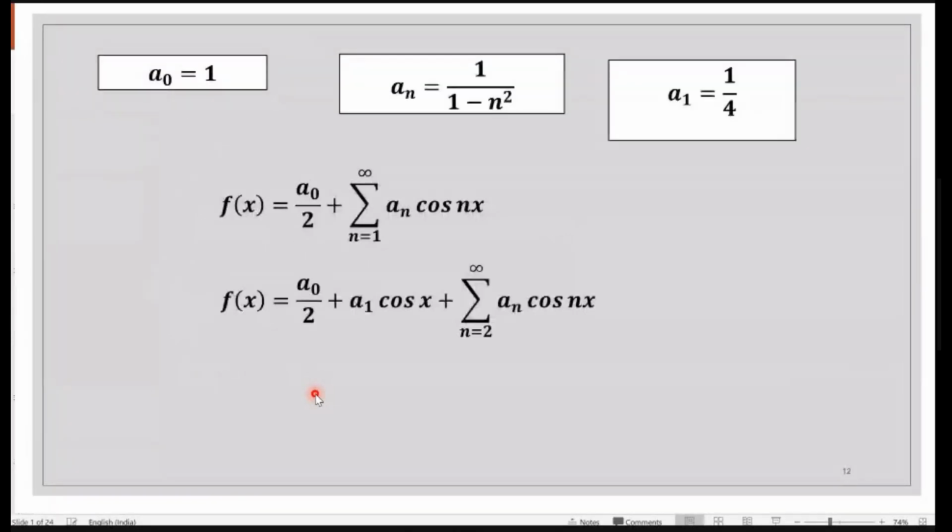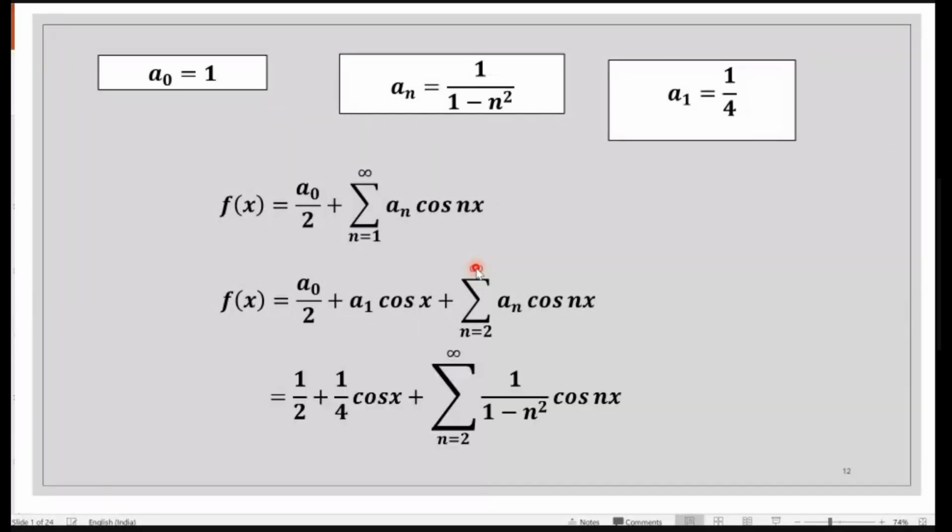So we have to write it in this form because this value is not true for n equal to 1. तो हमने यहाँ पे n equal to 1 को separate कर दिया है. तो a1 cos x plus बाकी जो है वो n is equal to 2 to infinity. So separated an cos nx as a1 cos x plus summation n varying from 2 to infinity an cos nx. a1 के बदले 1 by 4, a0 के बदले 1 and an के बदले 1 upon 1 minus n square.